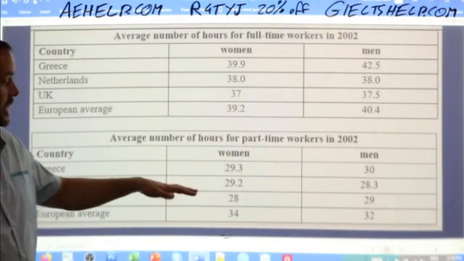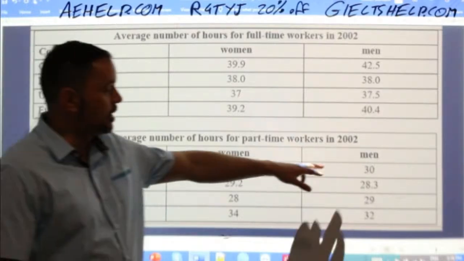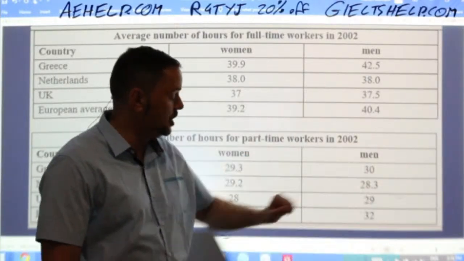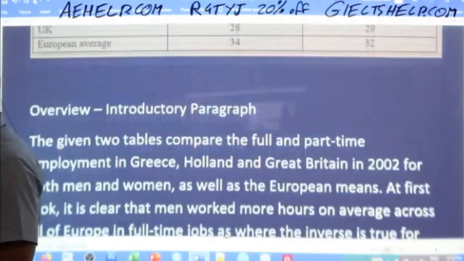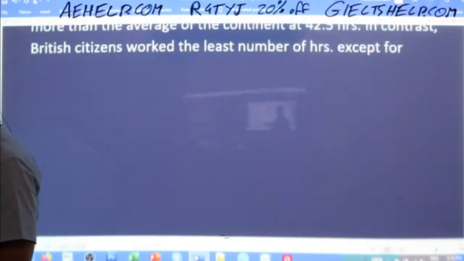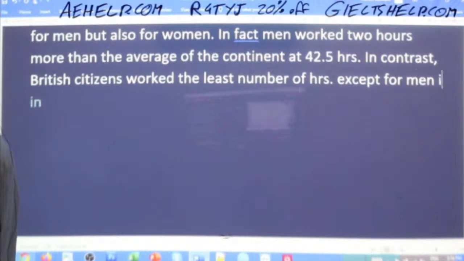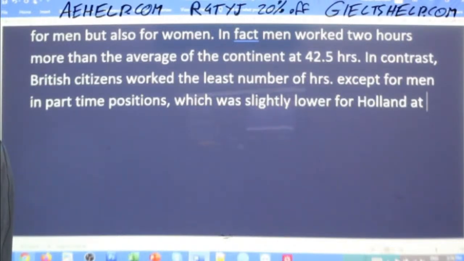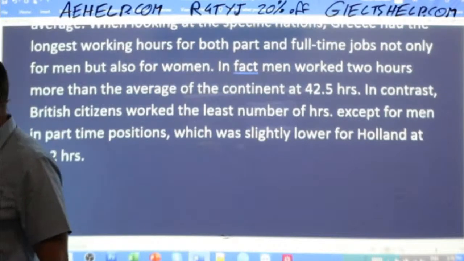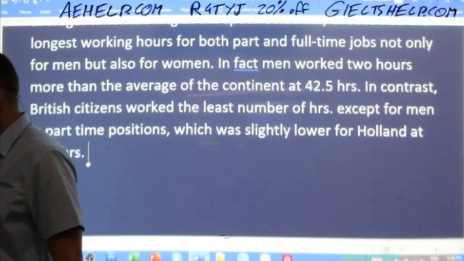Remembering those little diagrams, right? Except for part-time men, which were slightly lower for the Netherlands. Except for men in part-time positions, which was slightly lower for Holland at 28.2 hours, I believe it was. Okay, all right, so that would be my next sentence there.